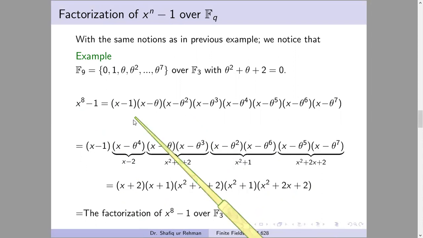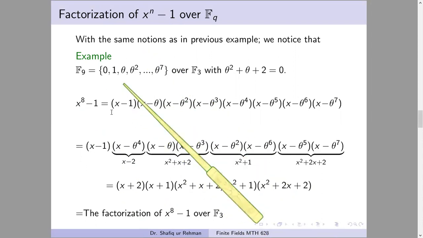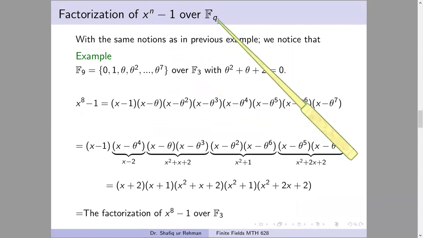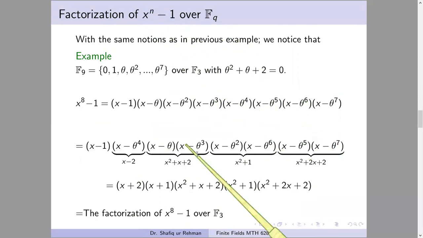So in this example we factorized the polynomial x power 8 minus 1 over the field F3, with q equals 3 and n equals 8. These are just observations.